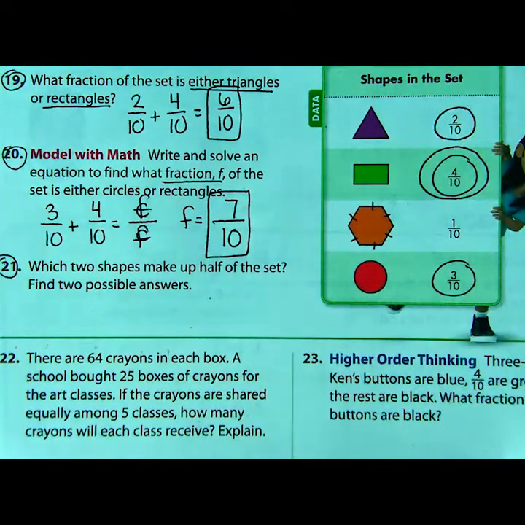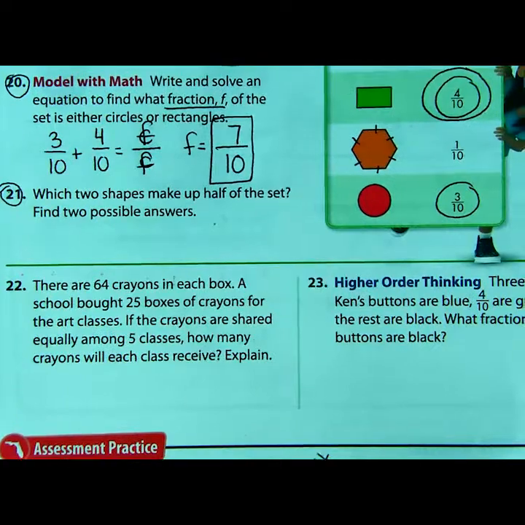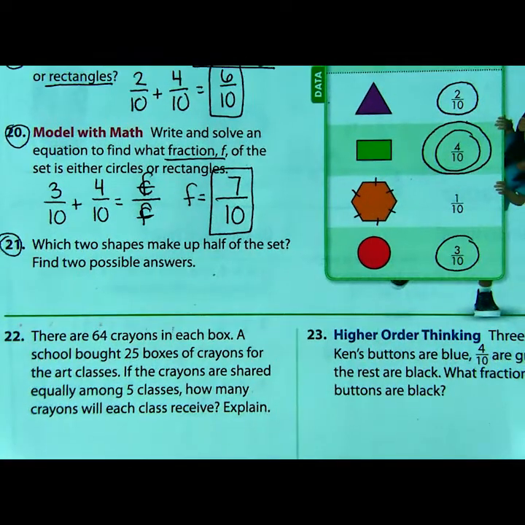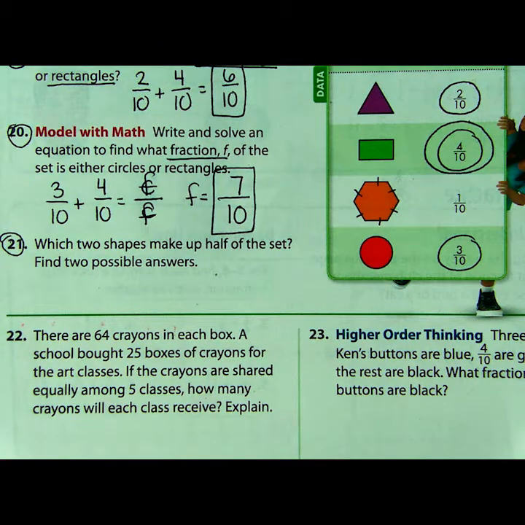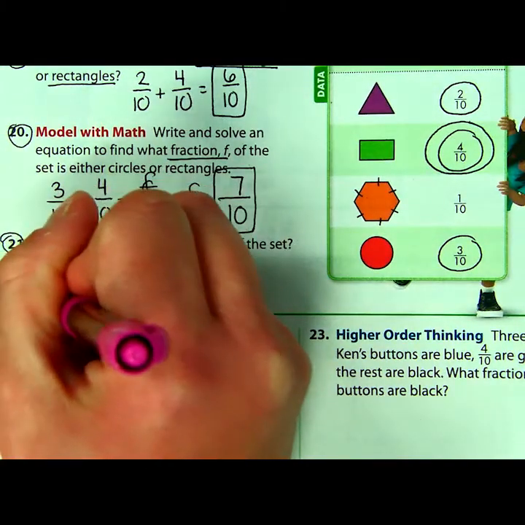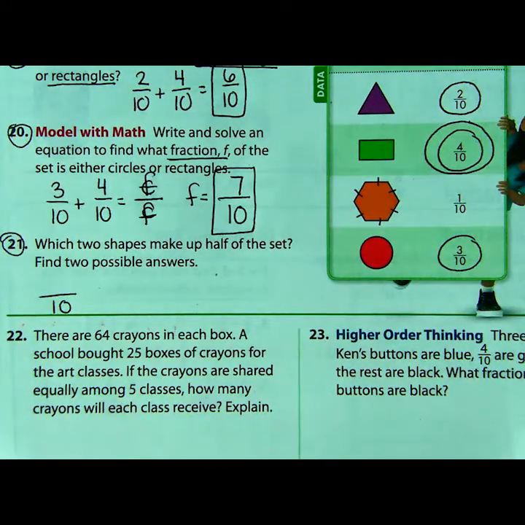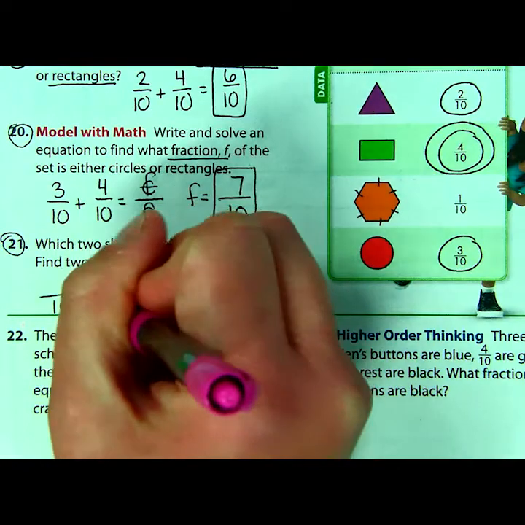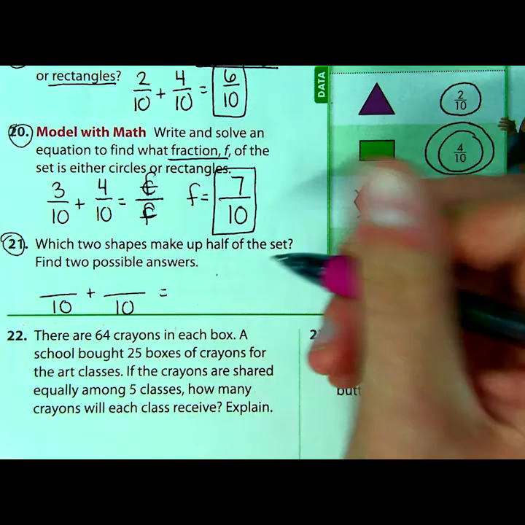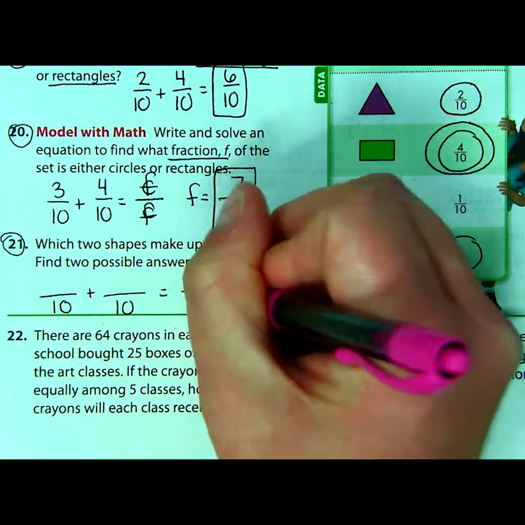Number 21. Which two shapes make up half of the set? Well, if we know that this set contains 10 shapes because it's been broken into tenths, we need to find two numbers that added together will equal half of 10, which is 5 tenths.